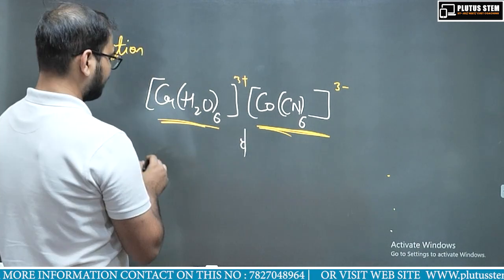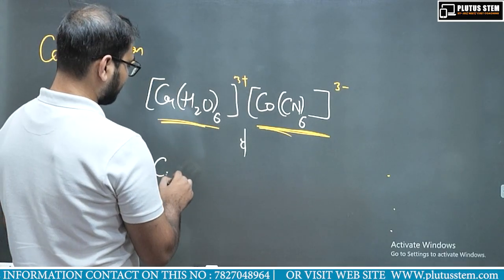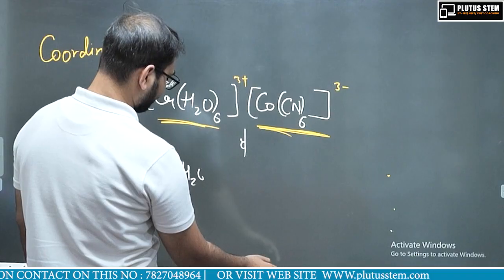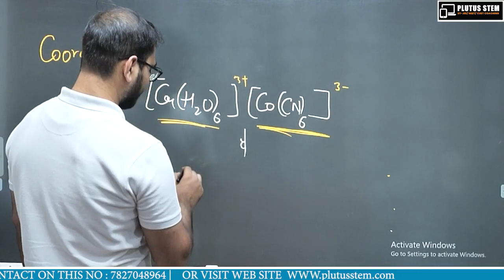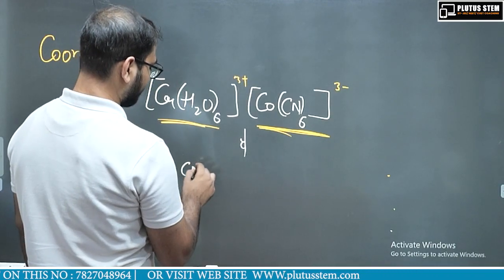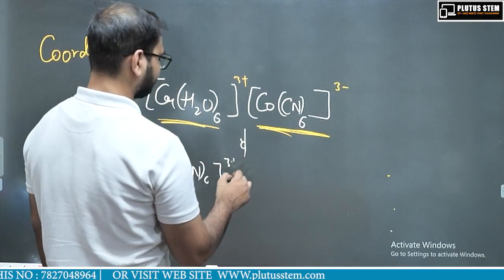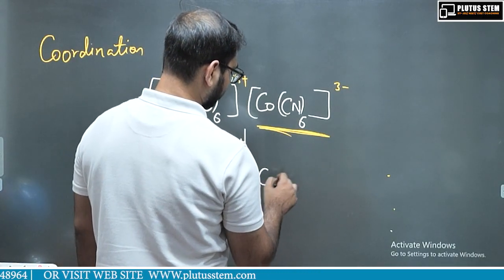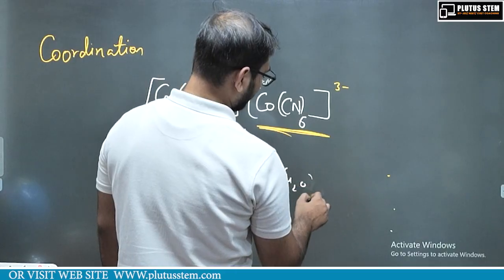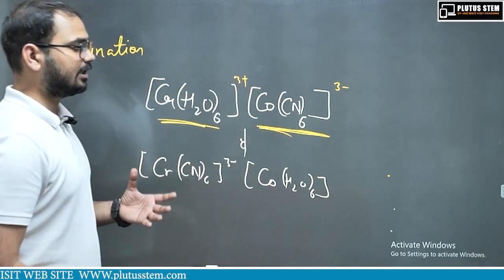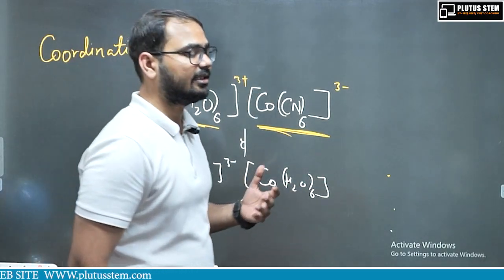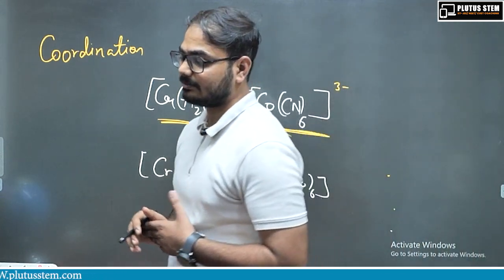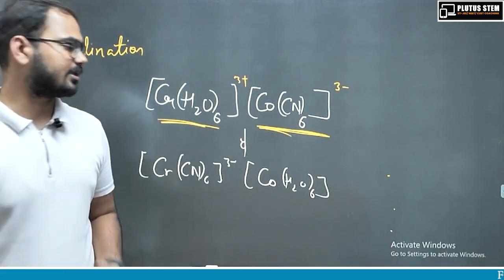So here, their ligands change their places, leading to either a change in position of the ligands or inversion of the charge present on the coordination sphere. Now this will turn to 3 minus and this will turn to cobalt H2O whole 6. So when you see the interchange of ligands or metal center within multiple coordination spheres, that type of isomerism is called coordination isomerism.